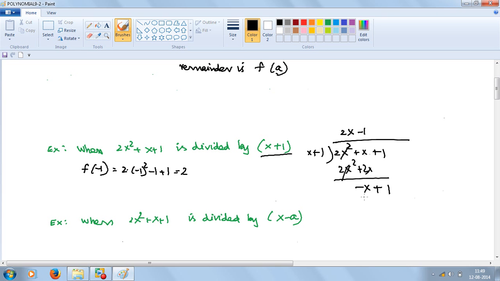Minus 1 into x is minus x minus 1. Sorry, this is 1, not 2. When you subtract, the minus x cancels. One minus of minus 1 becomes 2. And this is the remainder.